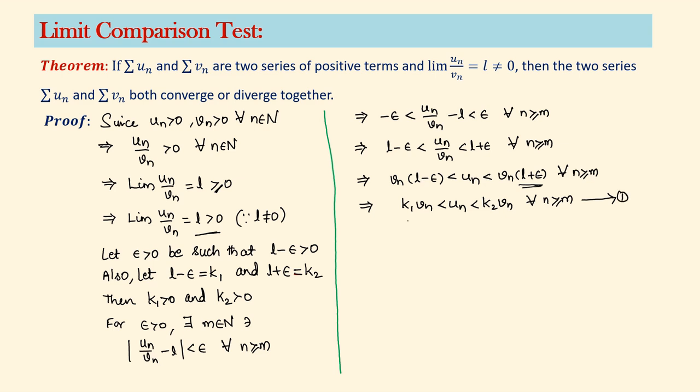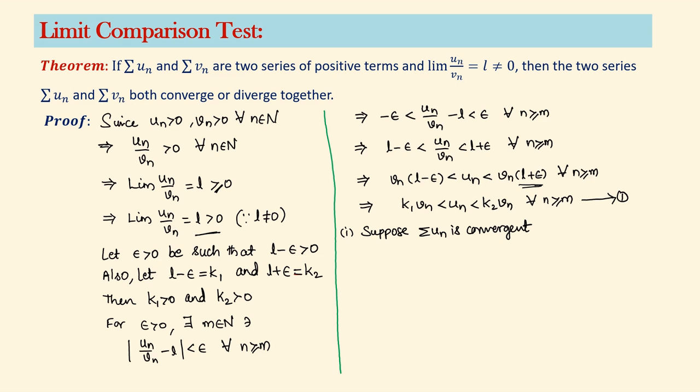Now we will make use of this condition. Using this condition and the comparison test, we will prove the 4 cases which we have discussed earlier. So what is the first case? Suppose summation Un is convergent. Then we have to show that summation Vn is also convergent.